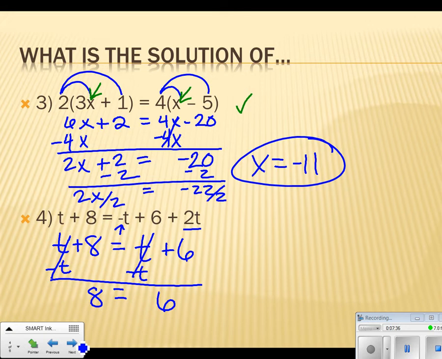So we're looking at a problem here that's not making sense, and so that's not equal. In this equation, when your t's are eliminated and they simplify to 0, and it's not a true statement, where 8 does not equal 6, you say the equation has no solution.